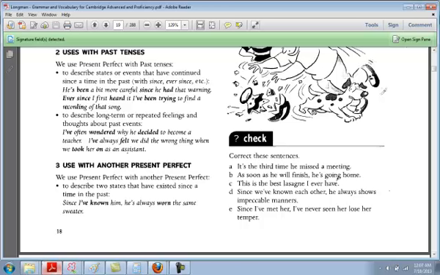This is another example. When we have two sentences, one with ever since, we put past simple, and in the other proposition, the main sentence, we put present perfect or present perfect continuous.